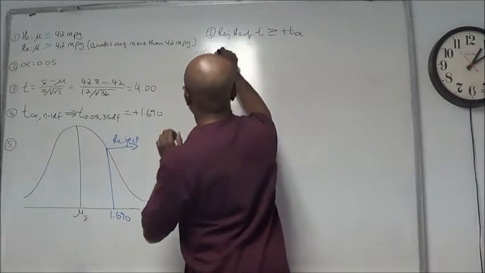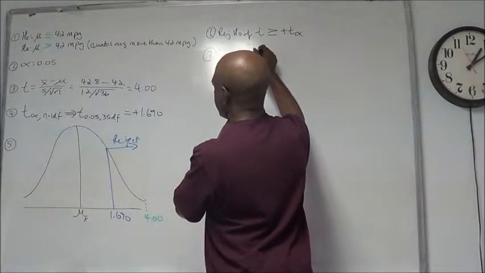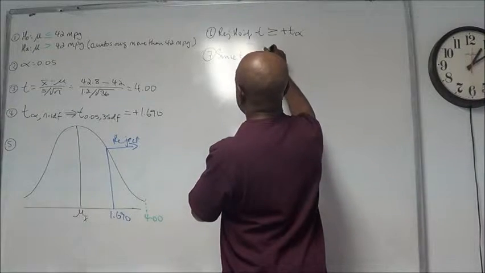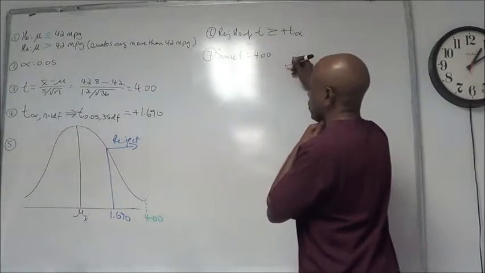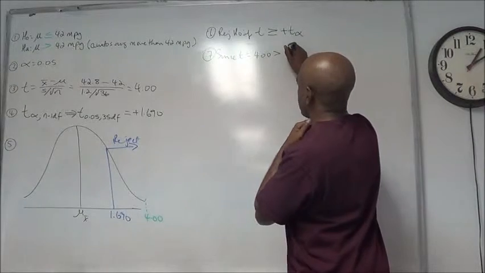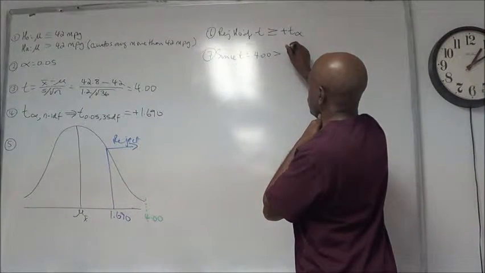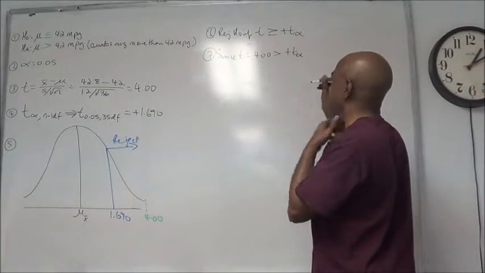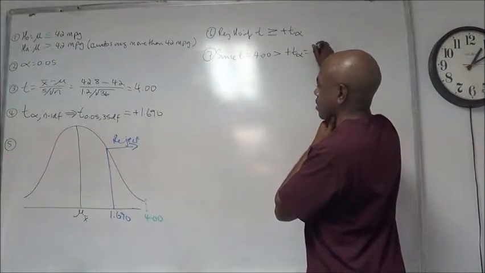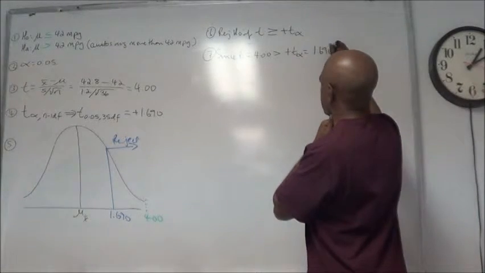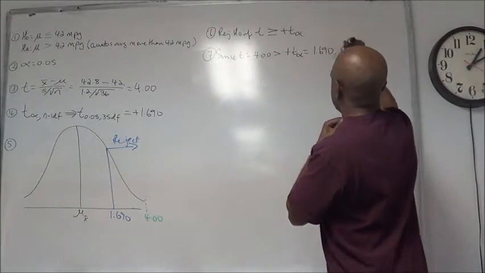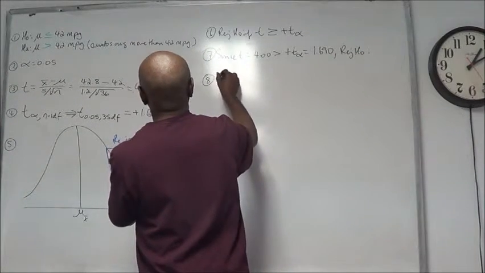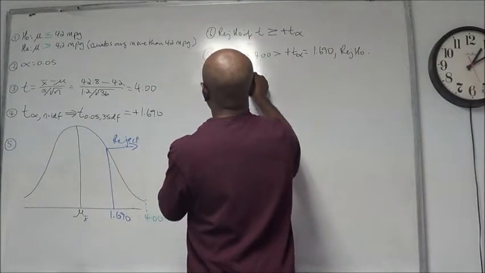Since T is 4.00, which is greater than T alpha, equal to 1.690, we reject H0. And since we reject H0, we accept HA.